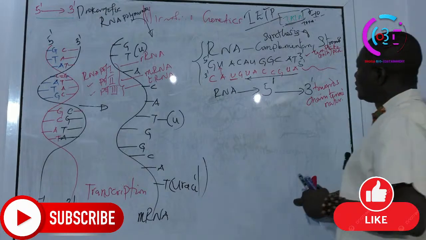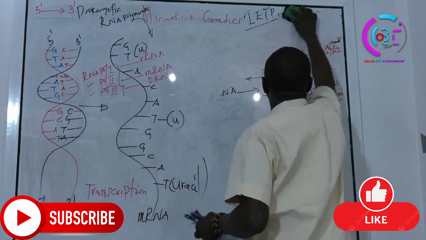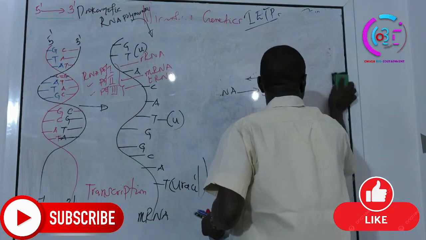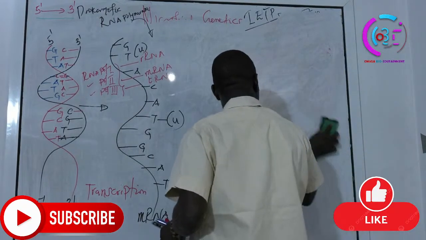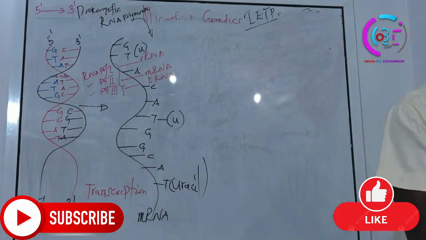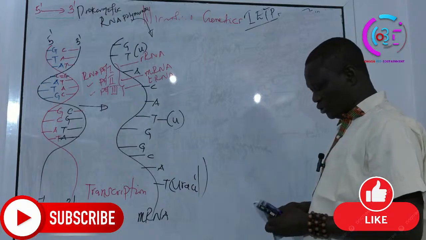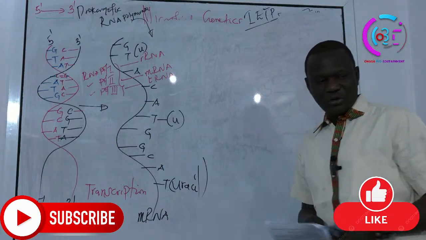The third stage of transcription is the termination stage. It is at the termination stage that the RNA polymerase will move on towards what is called a terminator sequence.